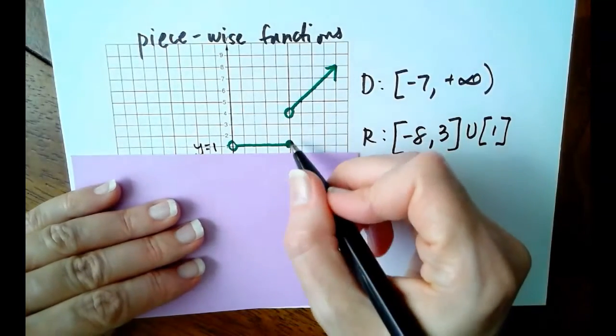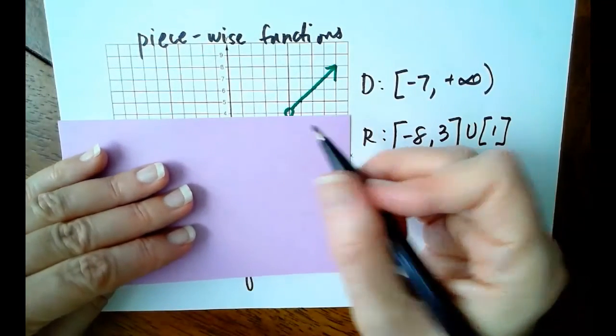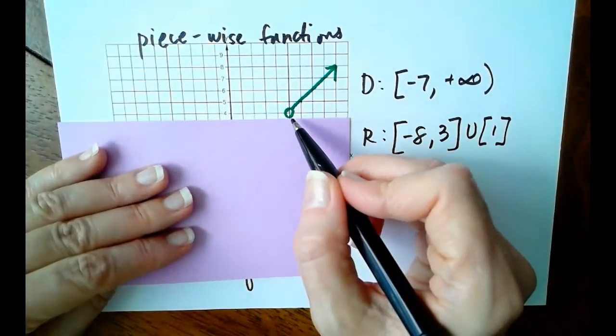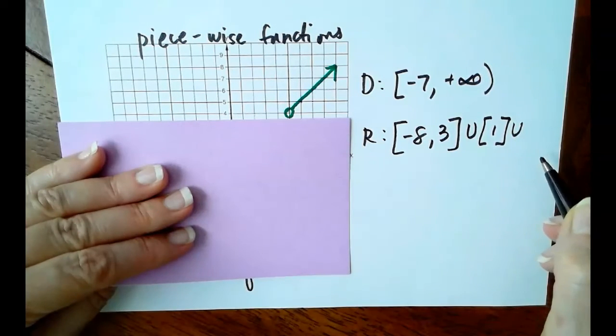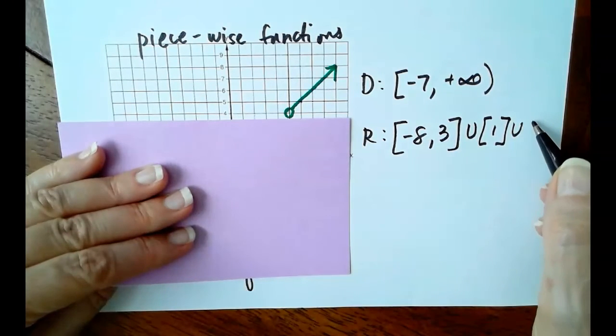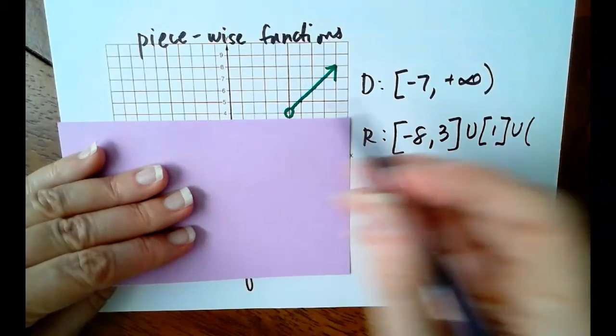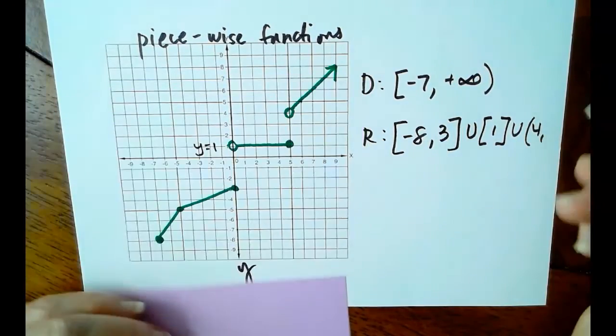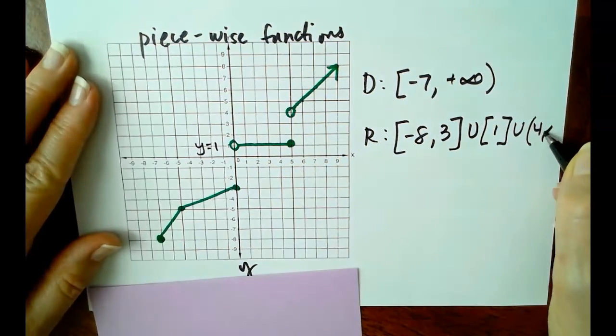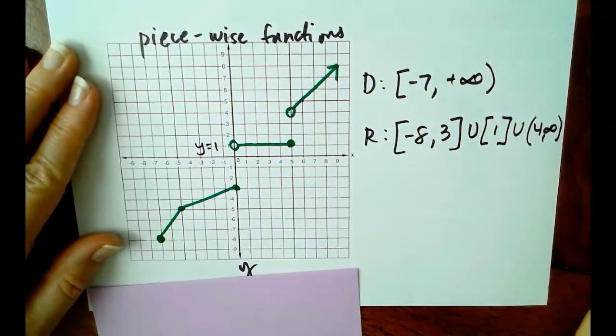Then we have another gap, up, up, up. It starts at 4, but please notice that that circle is open. So we're going to finish it off here with a parenthesis at 4, and then to the arrow to positive infinity. Squeeze that little infinity right in there.